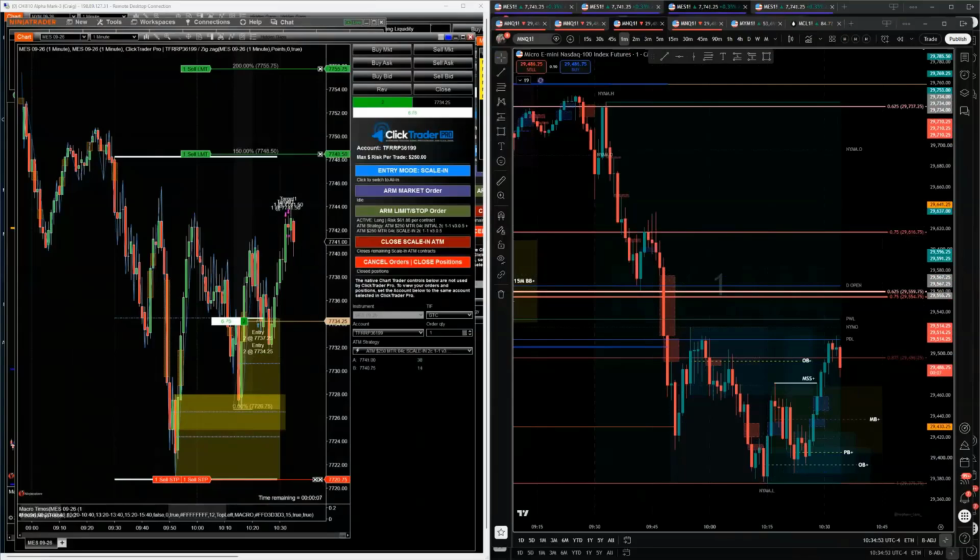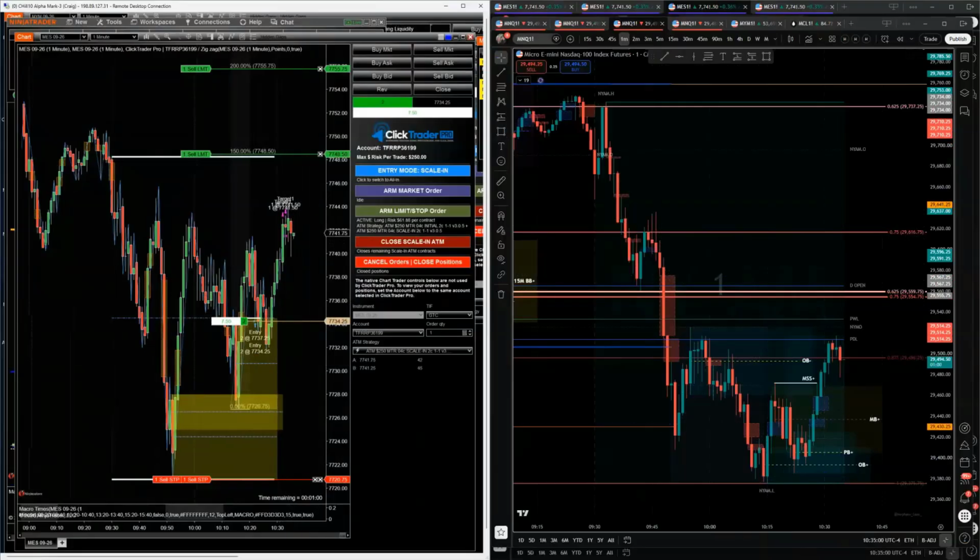I like the propulsion blocks, man. Let's see how the rest of this plays out.